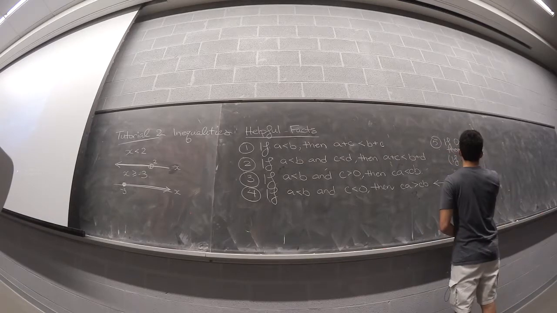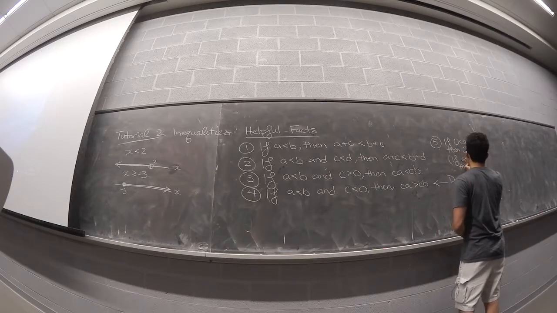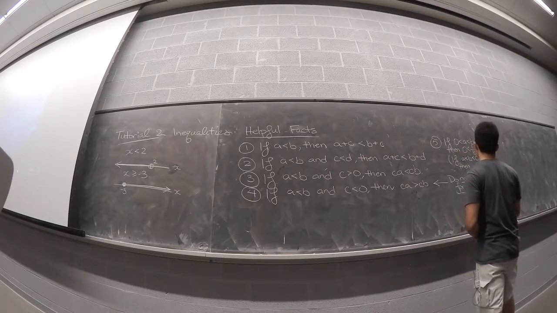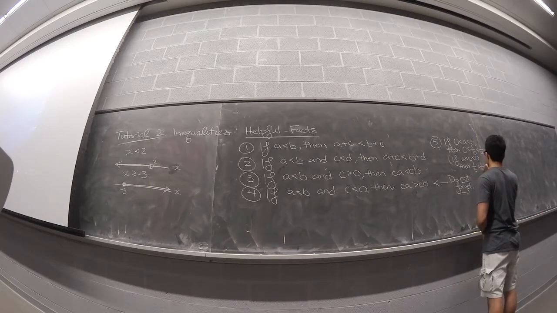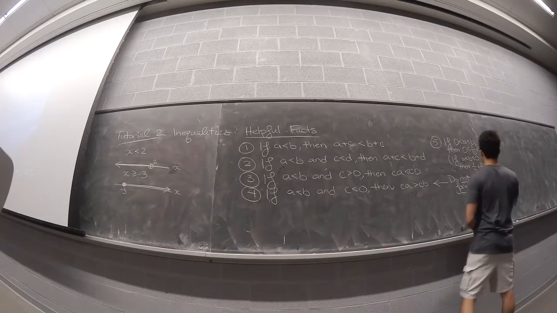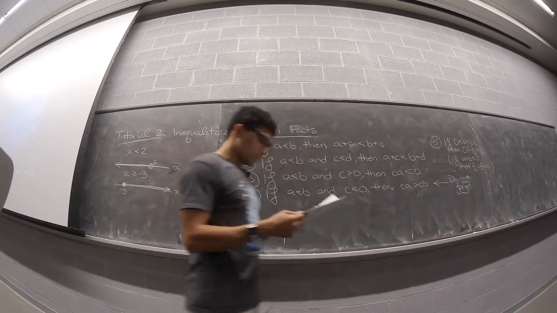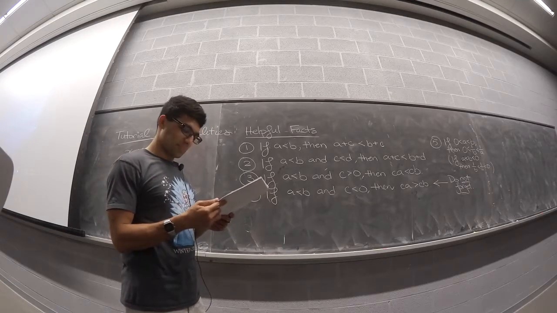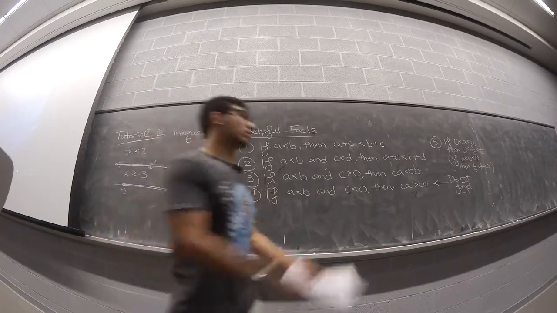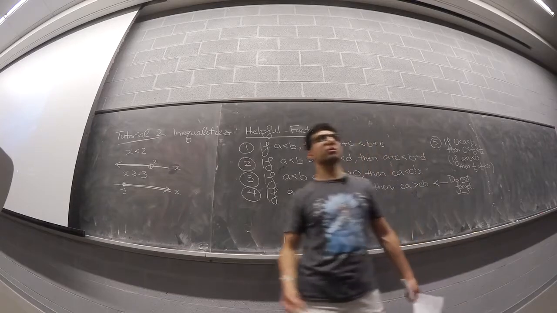If they're both negative and A is less than B, then the reciprocals are still negative and the order flips again. Okay? You can try that with -5 and -2 or something.